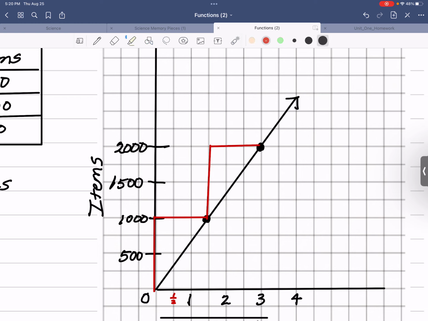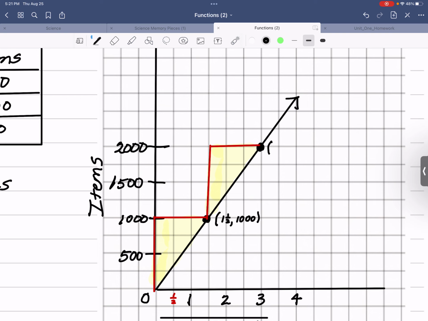So you can see the stair steps starting to build. If you're counting actual boxes, it's 4 to 3. If you're counting actual numbers, it's 1,000 to 1.5. In other words, this point is at 1.5 and 1,000.